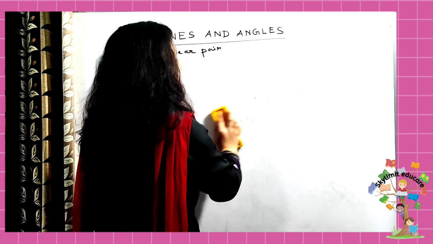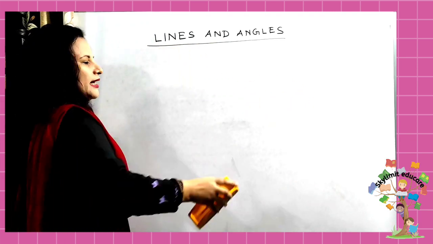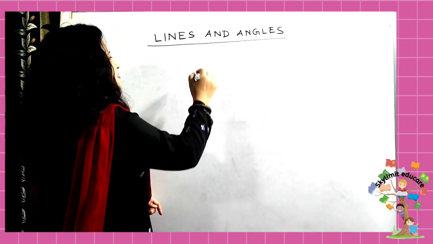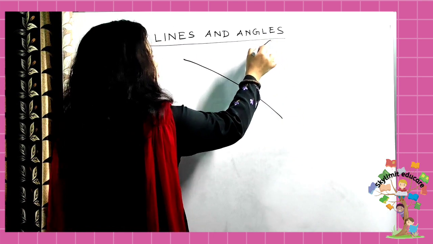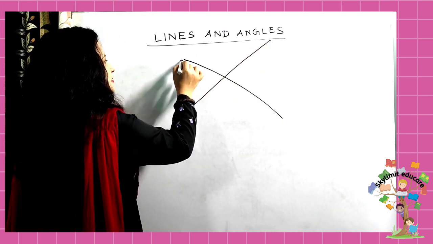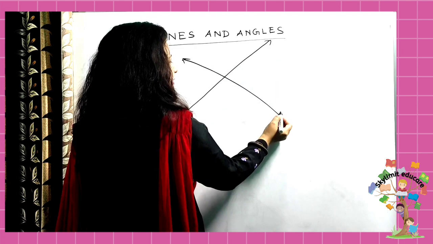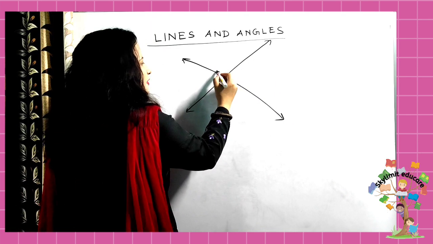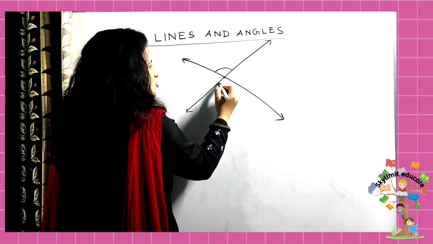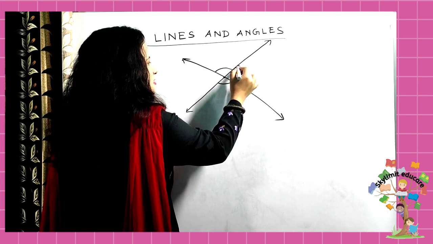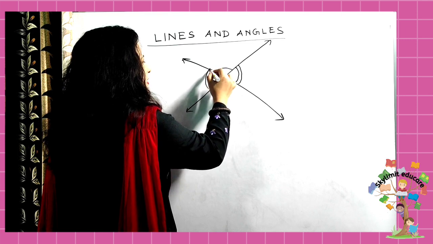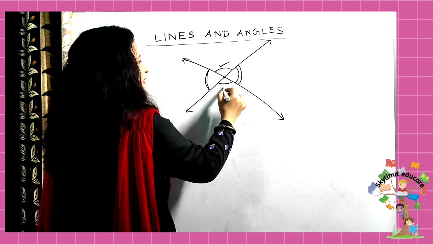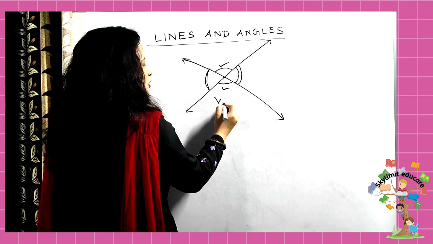one more thing you should remember, that when two straight lines intersect at a point, crossing each other at a point, then we have four angles formed over here. Yes or no? We have four angles formed here, right? So this and this angles, they are called as what?